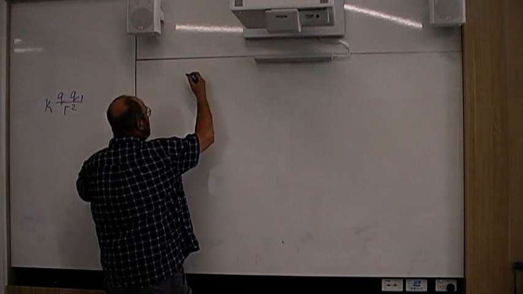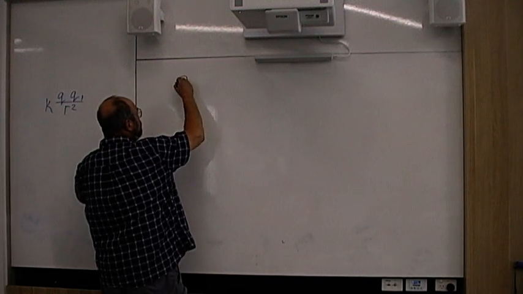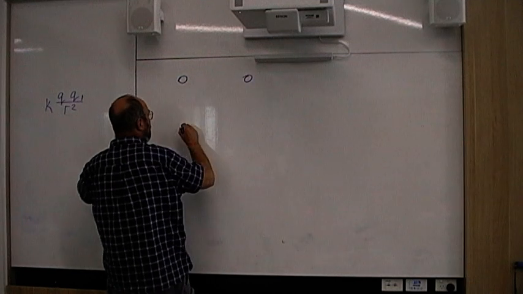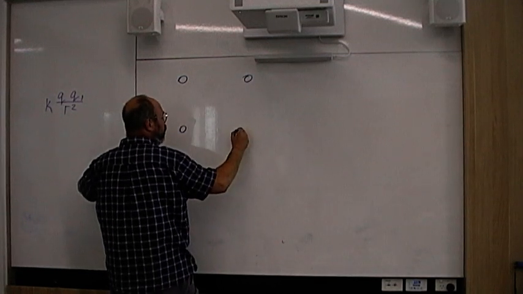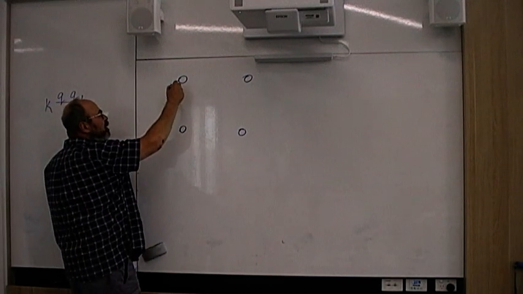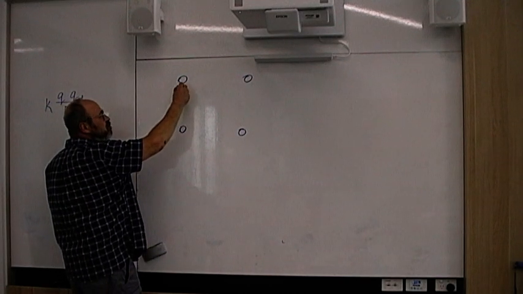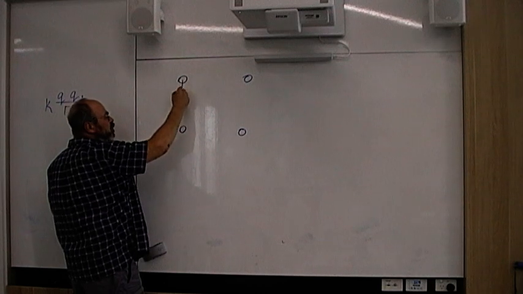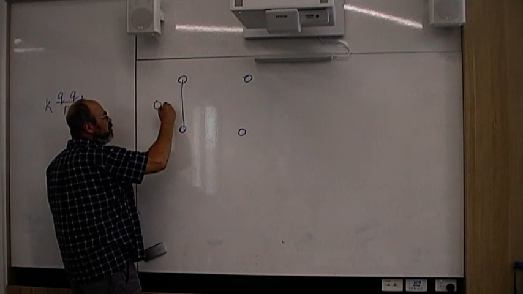We have 4 charges located at the vertices of a square with a side of, let's say, half a meter. So each side is 0.5 meter.